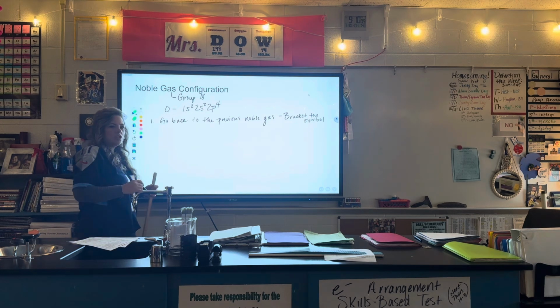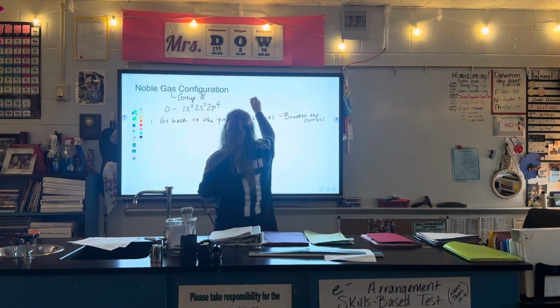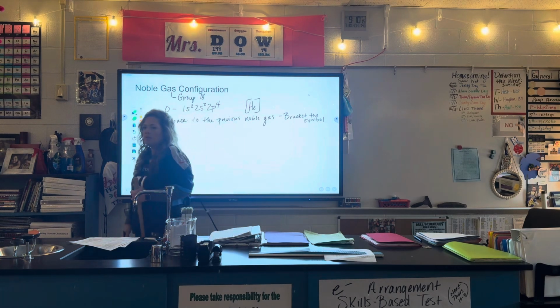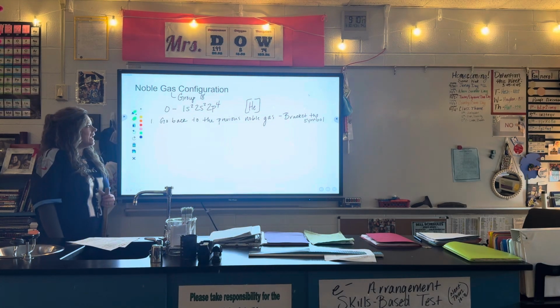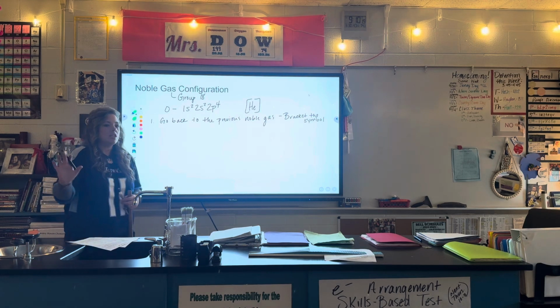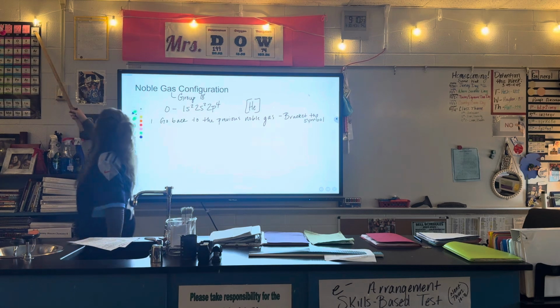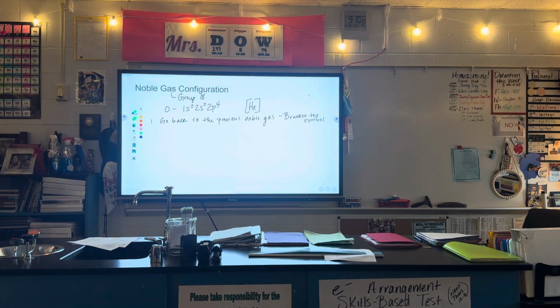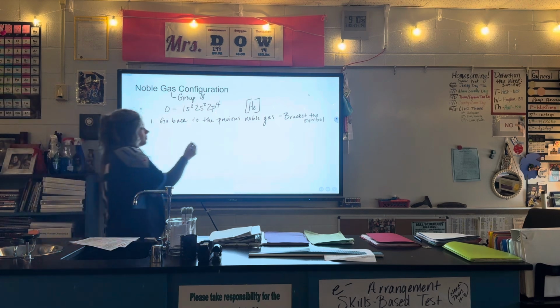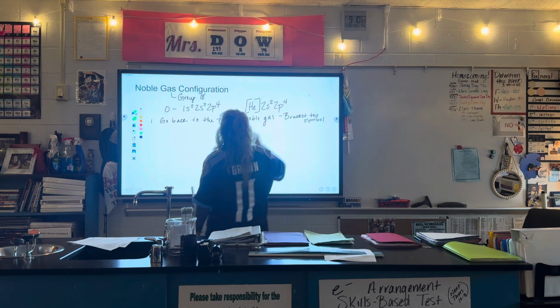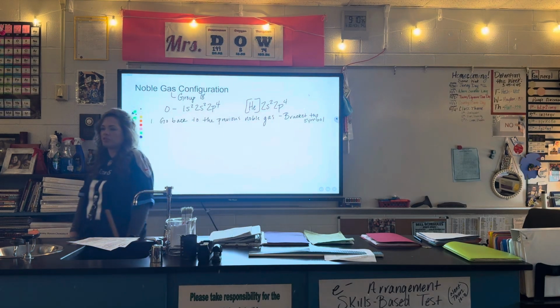So what is oxygen's previous noble gas? Helium. So we're going to bracket its symbol, He. All right, and now we're just going to continue from helium. So after helium, we would have 2s squared and 2p to the 4th. So for our smaller elements, it's really not much of a shortcut.